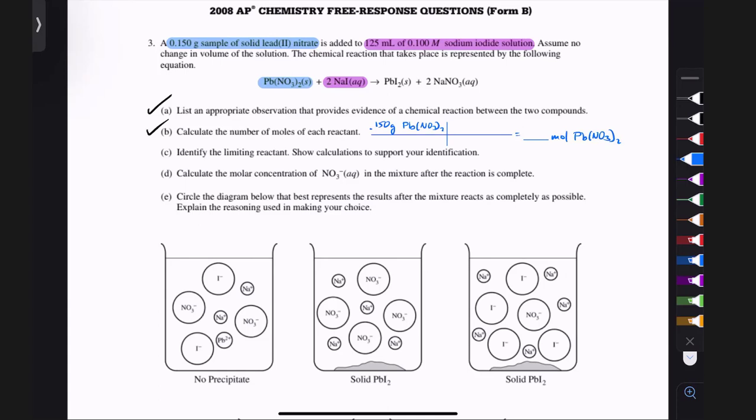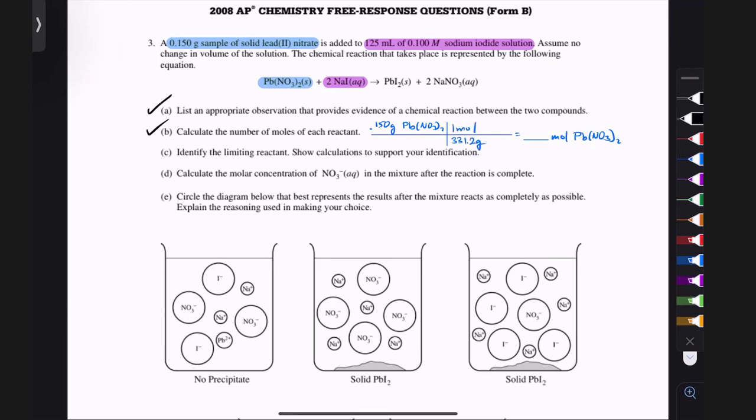If you look up your periodic table, and you count the nitrogens and oxygens properly, you should add 1 lead with 2 nitrogens and 6 oxygens. So that would be approximately 331.2 grams per 1 mole.